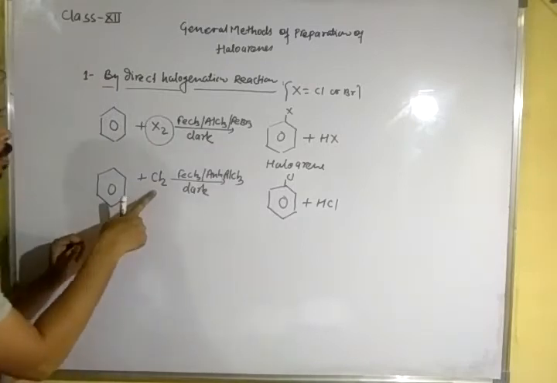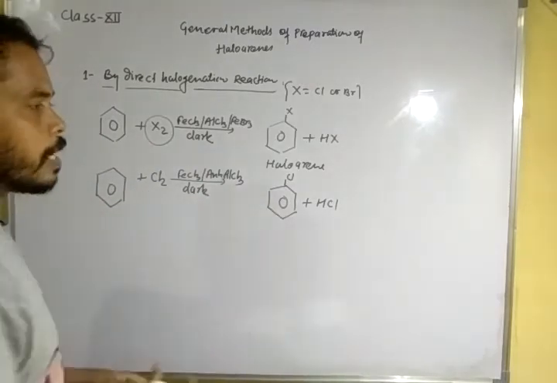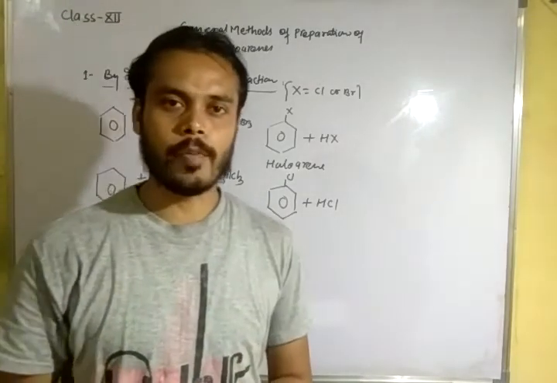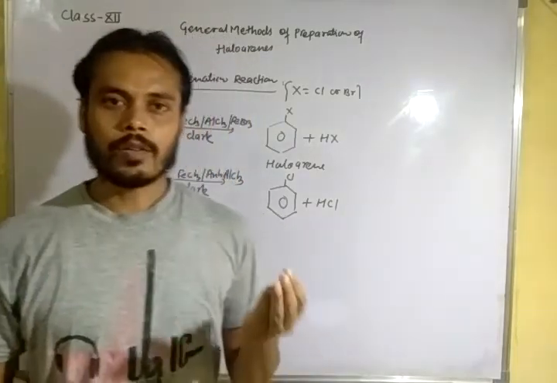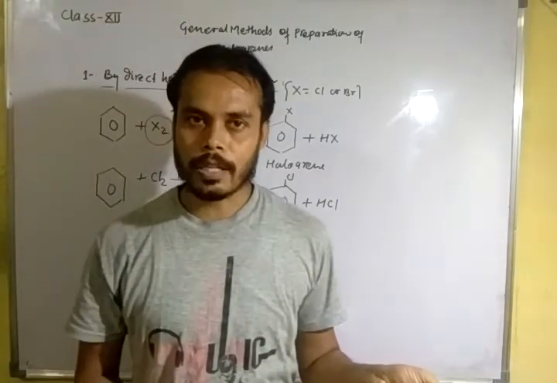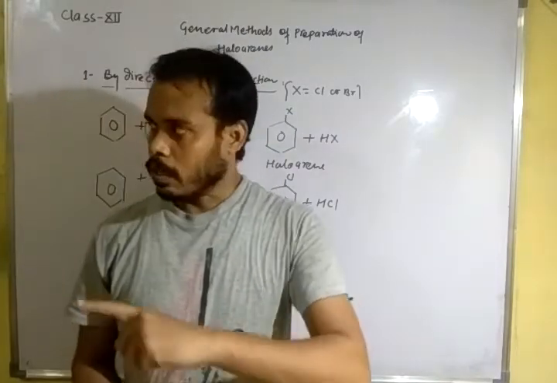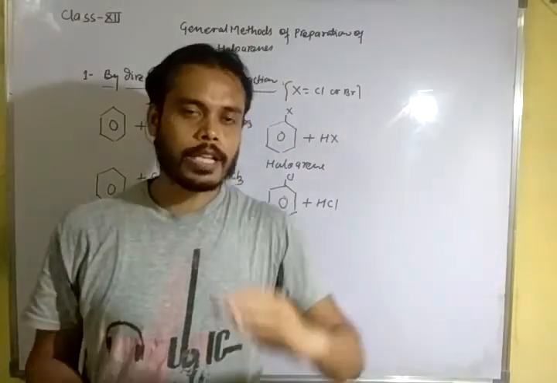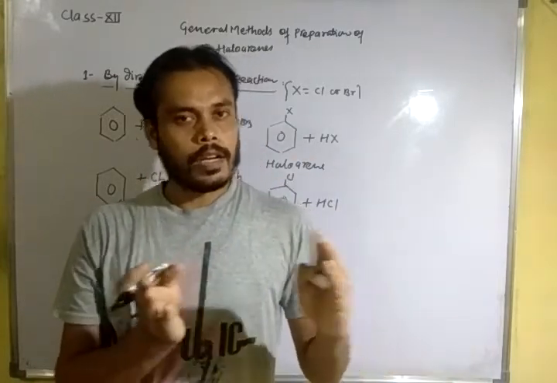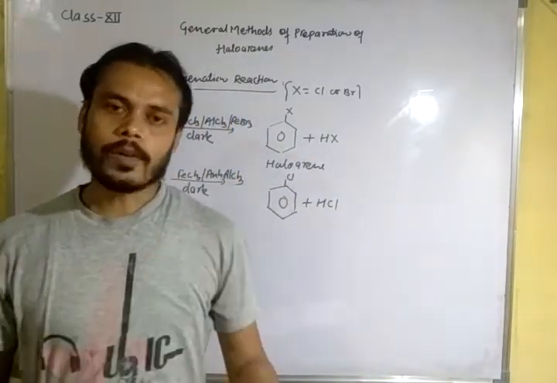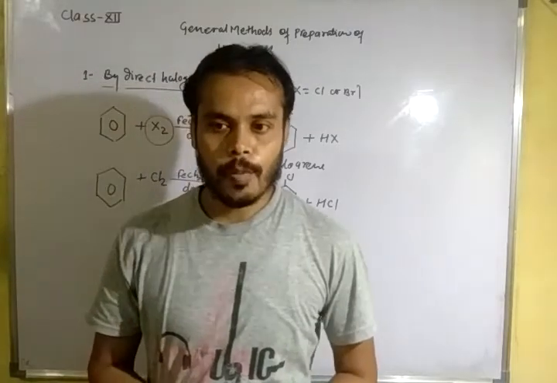In the case of bromine, it forms bromobenzene. But in excess of chlorine or bromine, it gives orthodichlorobenzene and paradichlorobenzene. In the case of bromine, when excess bromine is taken, the product formed is orthodibromobenzene or paradibromobenzene.